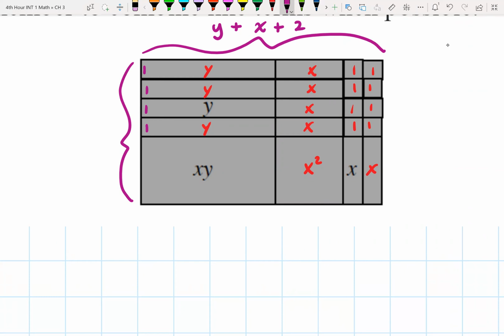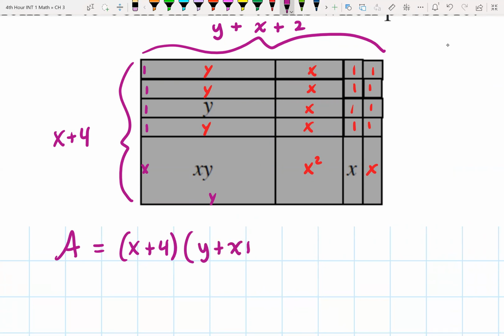And this is an X by Y tile, X on the side, Y on the bottom. So this is really X plus 4. That's how tall this rectangle is. So you can write the area as a product: X plus 4 times Y plus X plus 2.